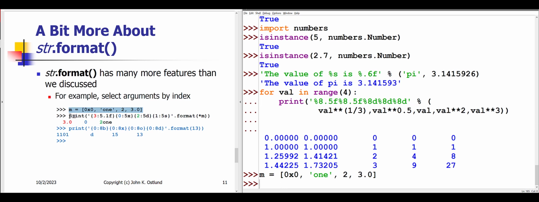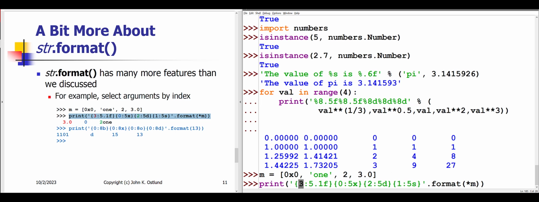I am going to choose to display those, but not in that same order, not sub 0, sub 1, sub 2, sub 3. In this version of the dot format function, I'm using argument selectors to specify which argument should get plugged into which of these fields.